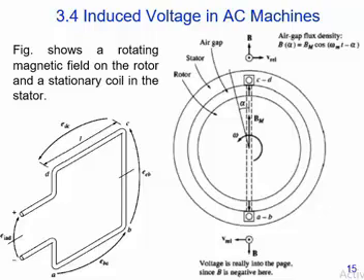Basically, the magnetic field is rotating while the coil is stationary.